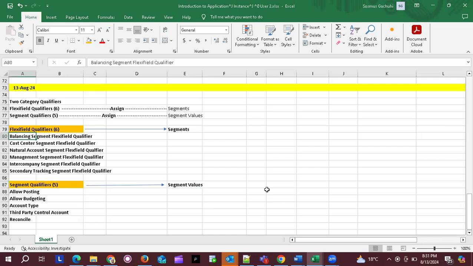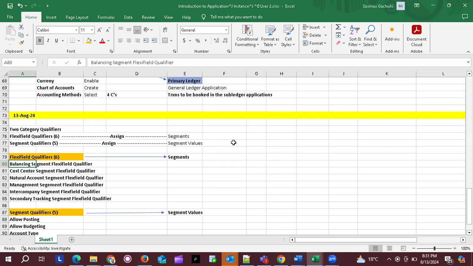So for instance, if we say balancing segment Flexfield qualifier, this one, we assign it to company.